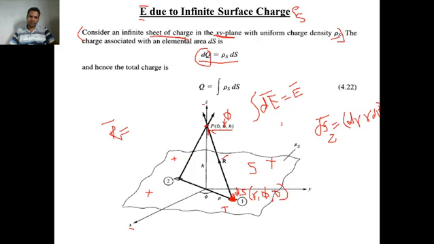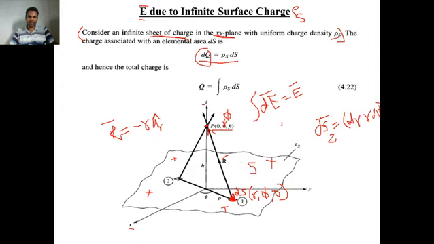So how will you find out the r bar vector? Subtract these coordinates by these coordinates. So 0 minus r will be minus r ar cap, then phi minus phi will be 0, 0 phi cap, so there is no need to write it.